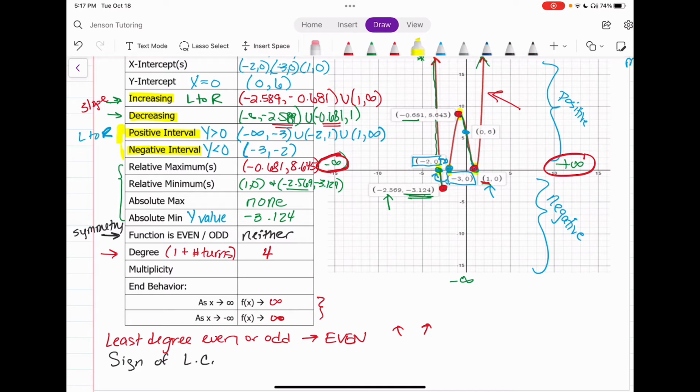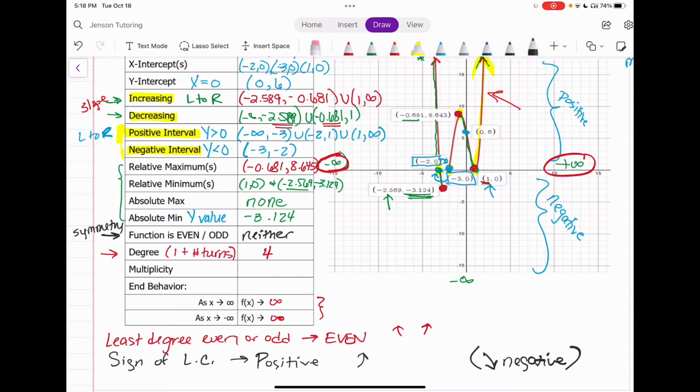So over here, since the graph is pointing up on the right, the sign of the leading coefficient must be positive because it goes up on the right. If the graph were going down on the rightmost side, then the leading coefficient would be negative. But we weren't asked that, so we'll just add that as a little extra bonus there.